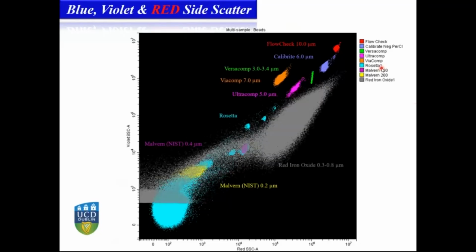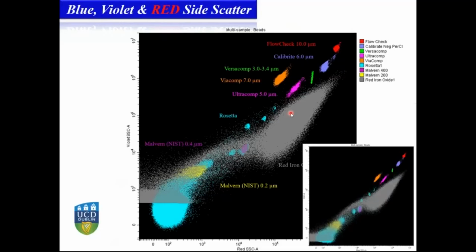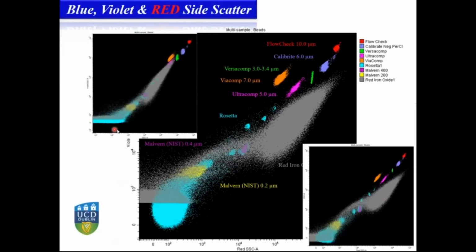Then we also added red iron oxide, from 0.3 to 0.8, which clearly scatters more red light than violet. When we look at the same profiles on red versus blue, we can see it's very similar. But when we look at violet versus blue, with that combination we will miss a lot of those subpopulations. We will not be able to differentiate them.